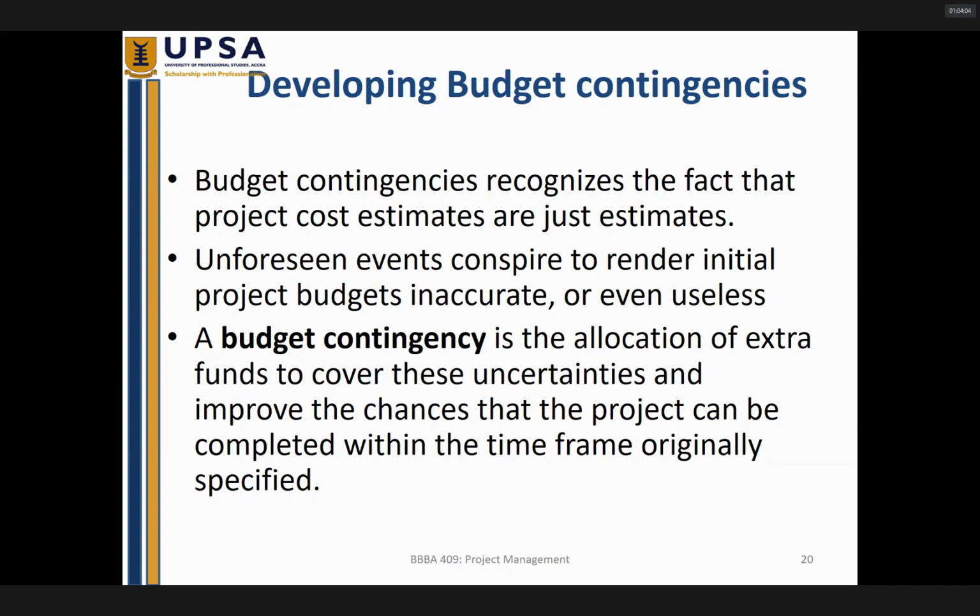So you need what we call budget contingency. Budget contingency is the allocation of extra funds to cover these uncertainties, which improves the chance that the project can be completed within the time frame originally specified.